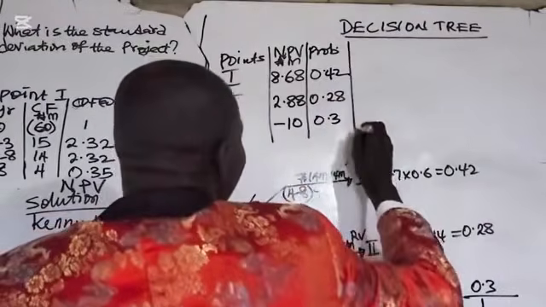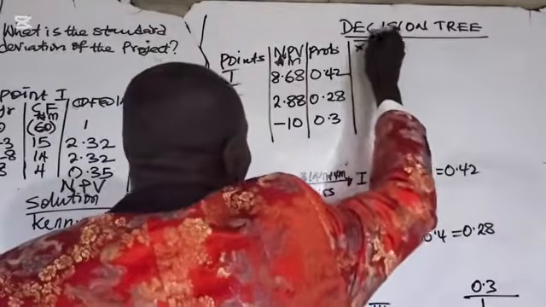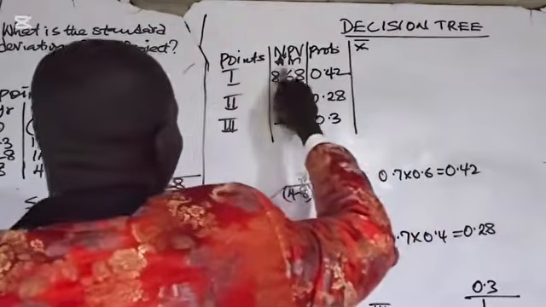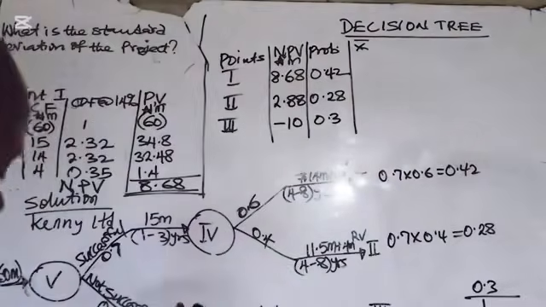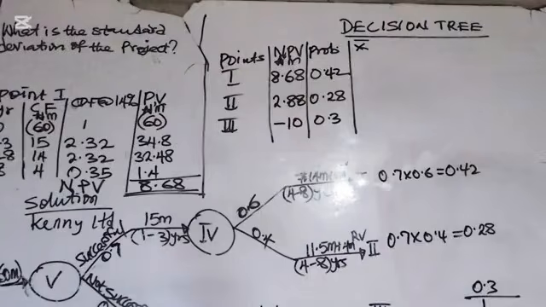What is the expected value? Expected value means NPV times probability. So NPV is 8.68, and the probability is 0.42.